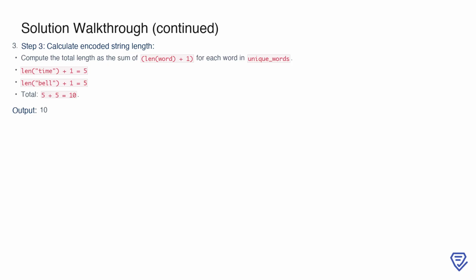For every word in unique_words, we add the length of the word plus 1 to account for the hashtag character that separates the words in the encoding. For time, the calculation is len(time) plus 1 equals 5. Similarly, for bell, it is len(bell) plus 1 equals 5. Adding these together gives a total length of 5 plus 5 equals 10. Therefore, the output for this example is 10.